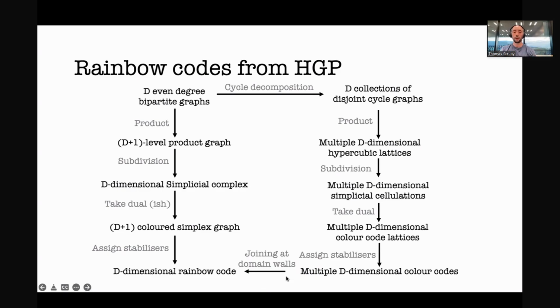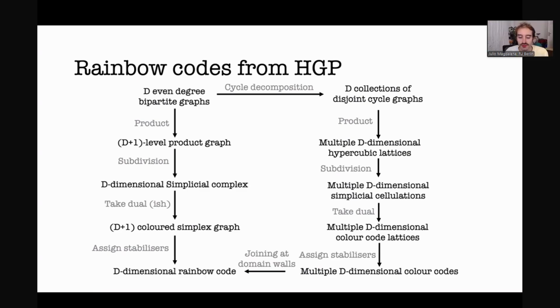The gluing I do down here has some associated ungluing, which is the cycle decomposition. So the way that I glue is the inverse of how I decomposed into cycles. And then the claim is that this commutes with all this stuff I do in between. So what I end up with is the same thing I would have achieved if I had never unglued in the first place. Okay, cool.